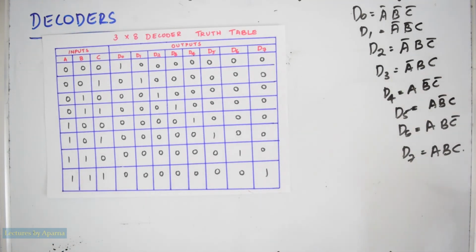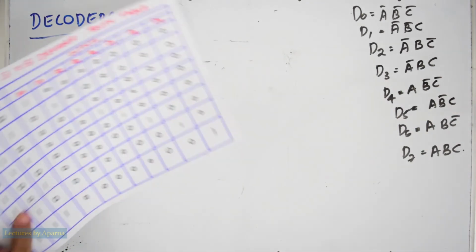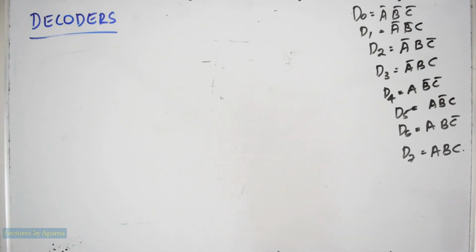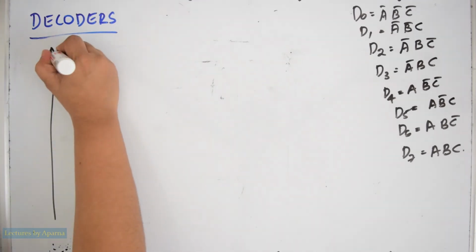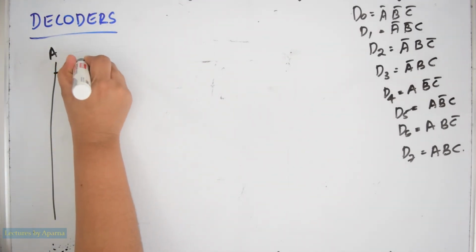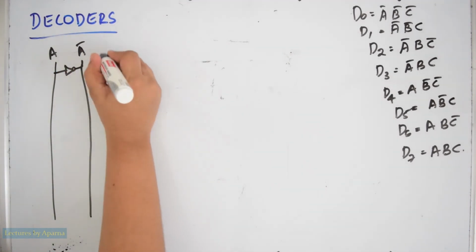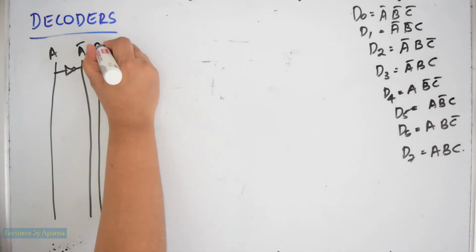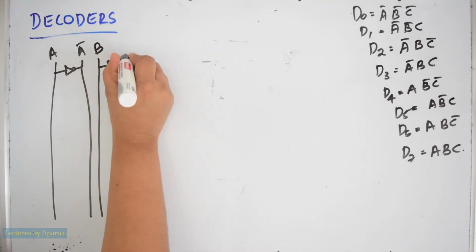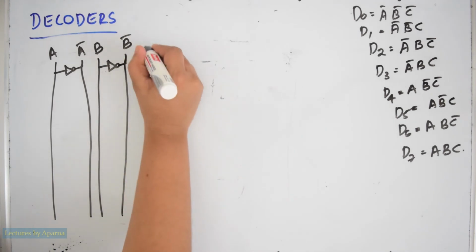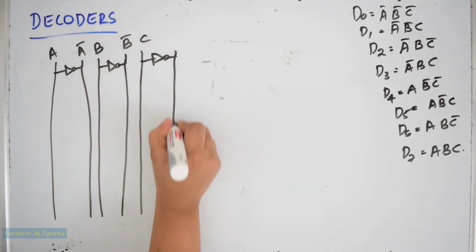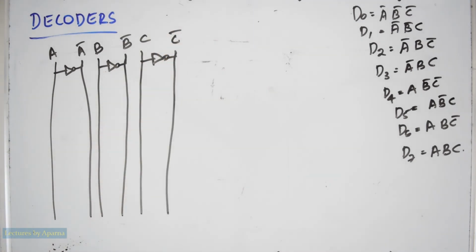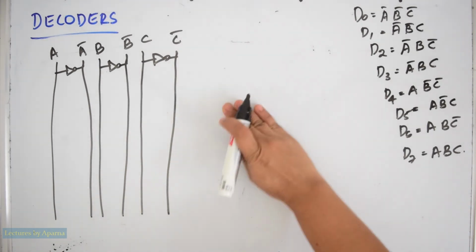Now let's draw the logic diagram for this. So I have A complemented, A bar, and then B complemented, B bar, C complemented, C bar. There will be 8 AND gates.